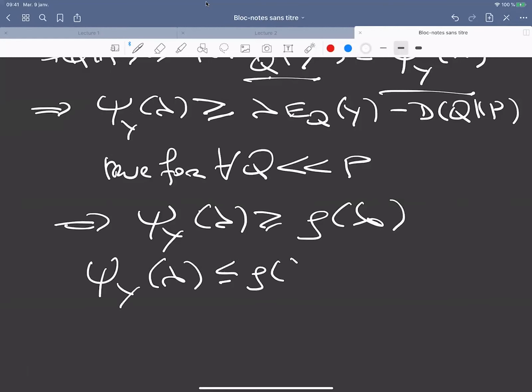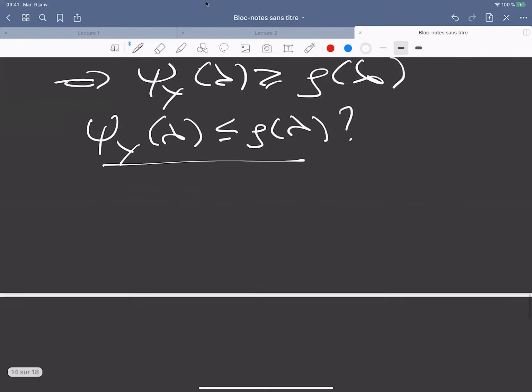To prove that it is less than rho now, we do exactly the same kind of thing, but this time, instead of subtracting psi, we subtract rho. That is, we choose t equal to expectation of lambda y, but minus rho.